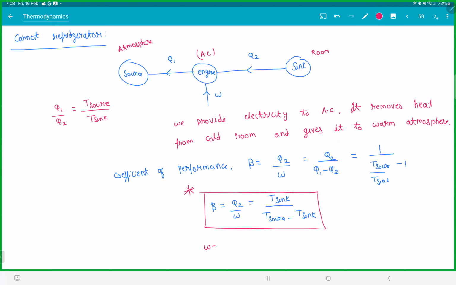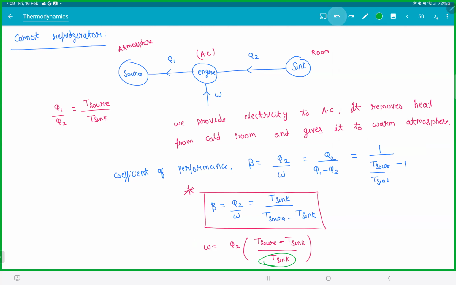Now from here, we can also get something interesting. If you look at the work done, we get Q2 into (T source minus T sink) by T sink. What is the meaning of that? Think of it like this. As you're removing more and more heat, T sink will tend to 0. If T sink is tending to 0, the work done will tend to infinity. So it becomes more and more difficult to cool down a system. This is another proof that you cannot reach 0 Kelvin, because to reach 0 Kelvin, you need infinite work.